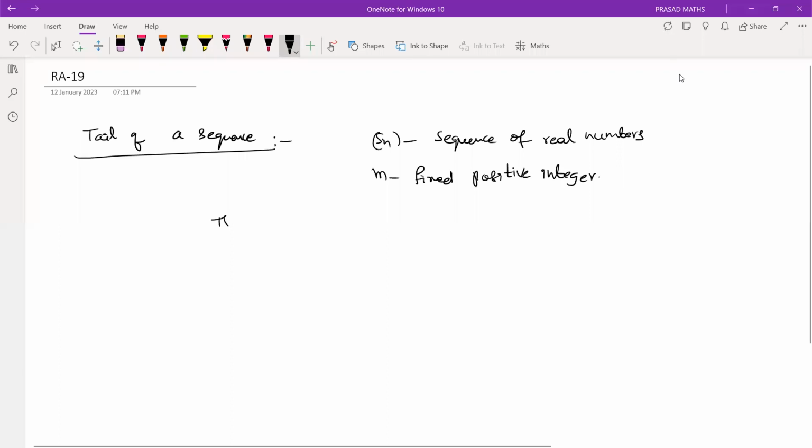Then Sm plus 1, Sm plus 2, Sm plus 3, after m terms, this is called the tail of a sequence. In fact, we call this the mth tail of the sequence.